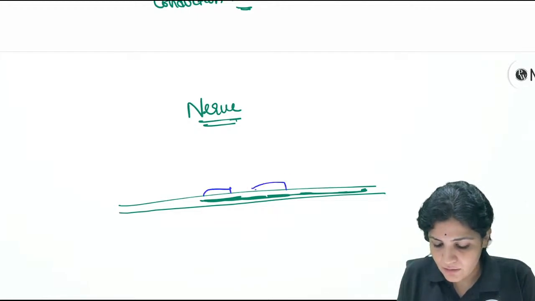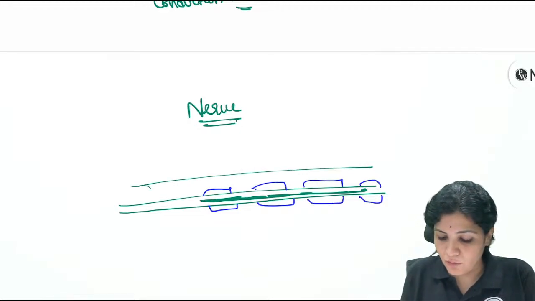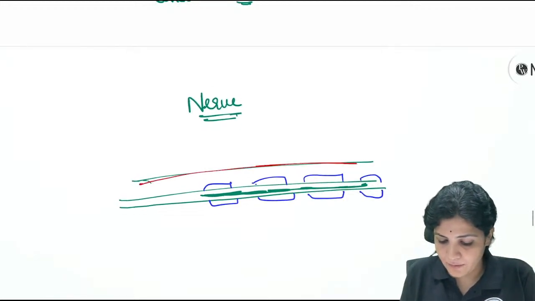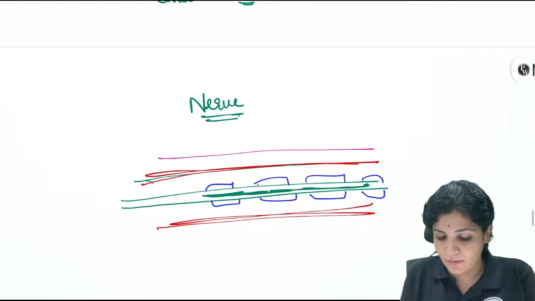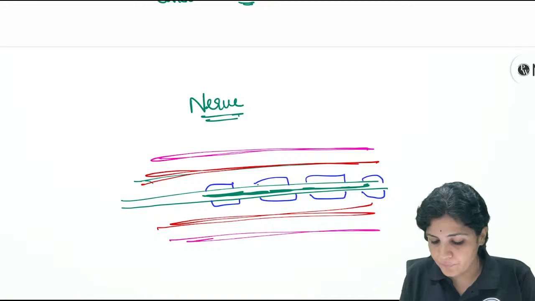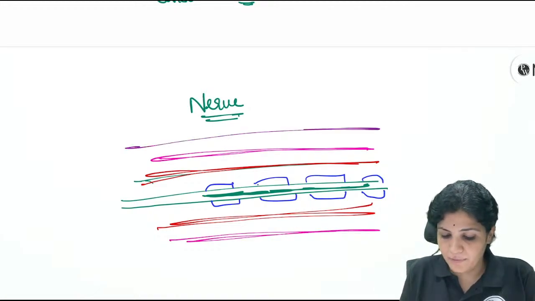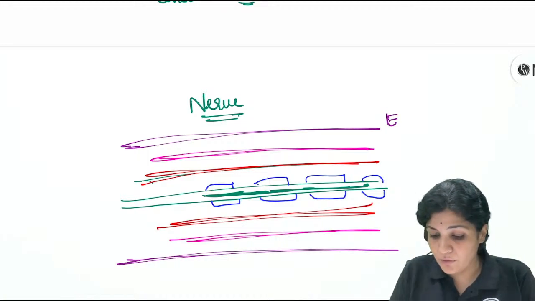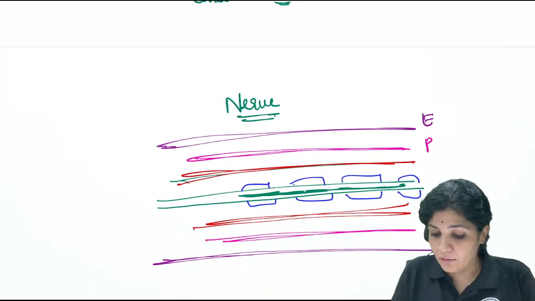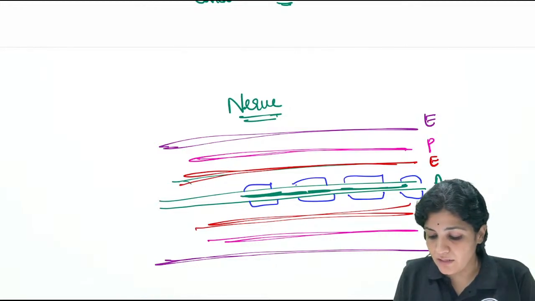Now this is covered by the myelin sheath, and these are the gaps. Then this is covered by the endoneurium, then comes the perineurium, and then comes the epineurium. So this is the epineurium, perineurium, endoneurium, and this is your axon.